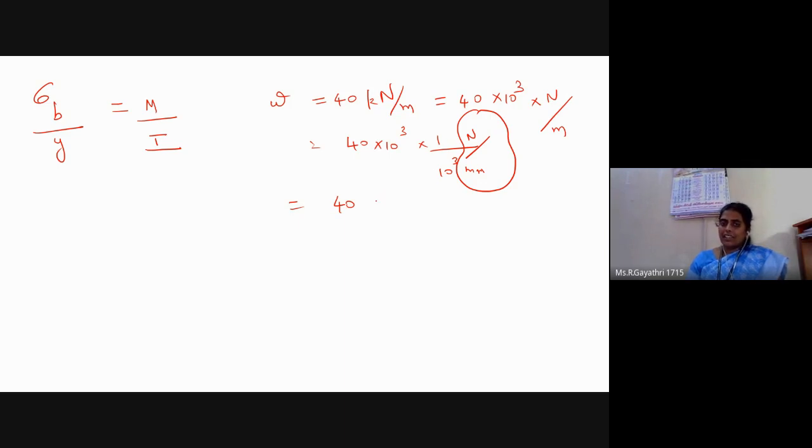So 40 Newton per mm. This is the W value. Here we need to find the maximum stress due to bending.